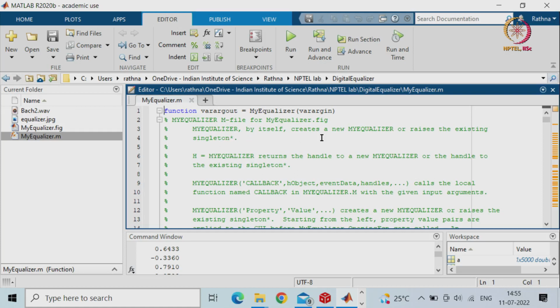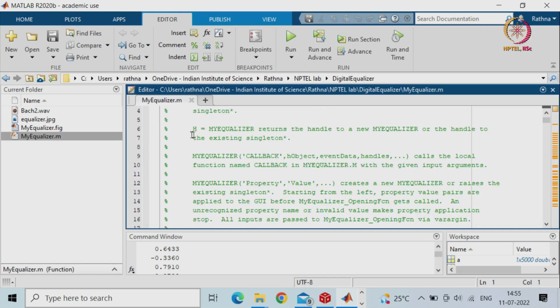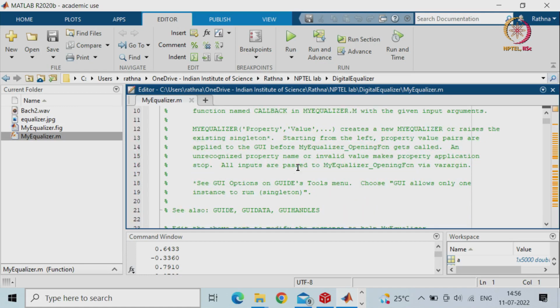It says it creates a new myequalizer or raises the existing singleton, and H returns the handle to a new equalizer or the handle to the existing singleton. It calls these functions, and this is a GUI.